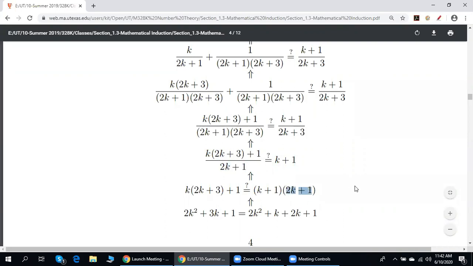Done. Lastly, let us expand parentheses over here and over here. Done. Since 3k is equal to k plus 2k, the left-hand side is identically equal to the right-hand side. Therefore, the question mark is gone.